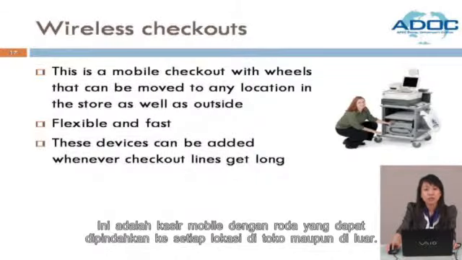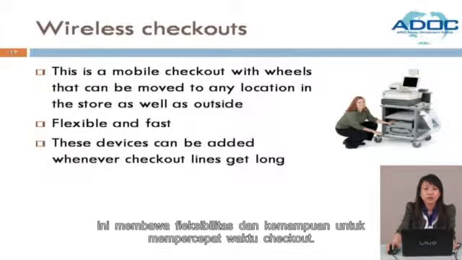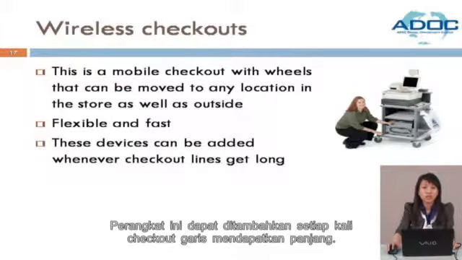This is a mobile checkout with wheels that can be moved to any location in the store as well as outside. This brings flexibility and the ability to speed up checkout time. These devices can be added whenever checkout lines get long.